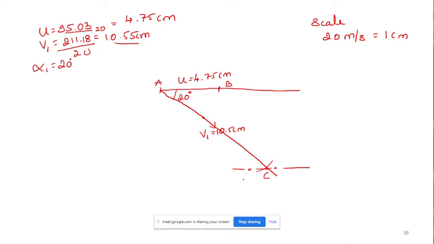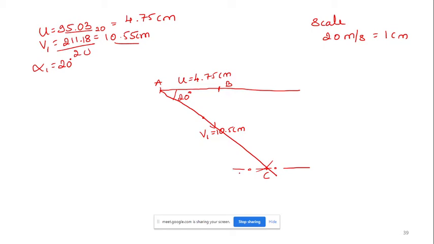One locus line it is. Parallel to line AB, passing through C. Have you done this one? Yes, sir. Okay.